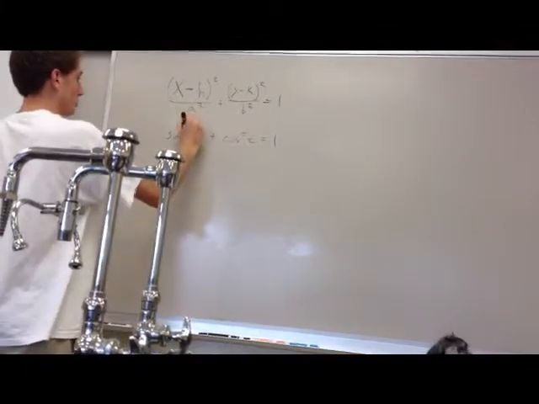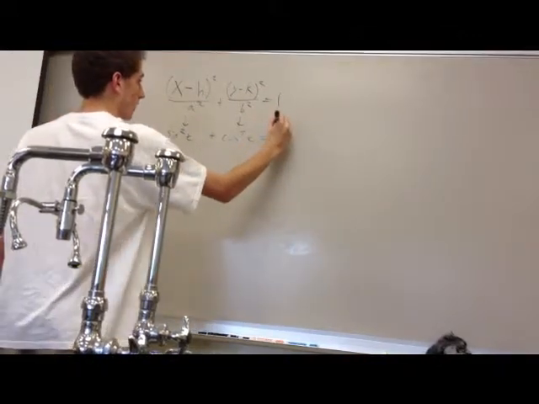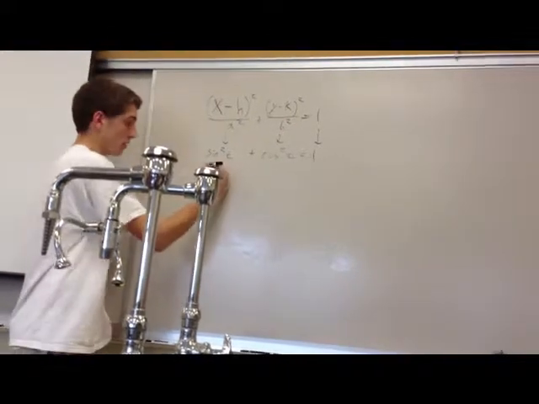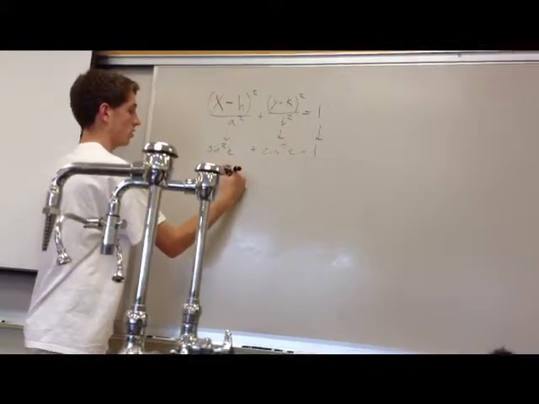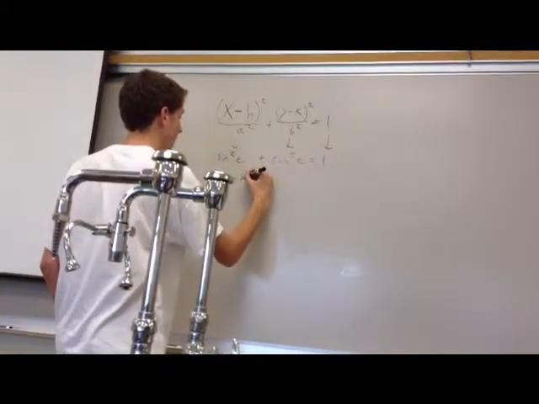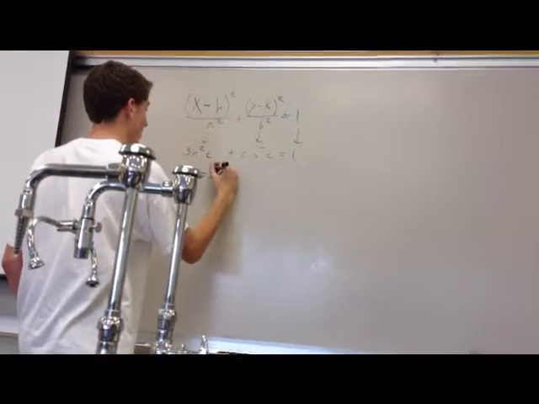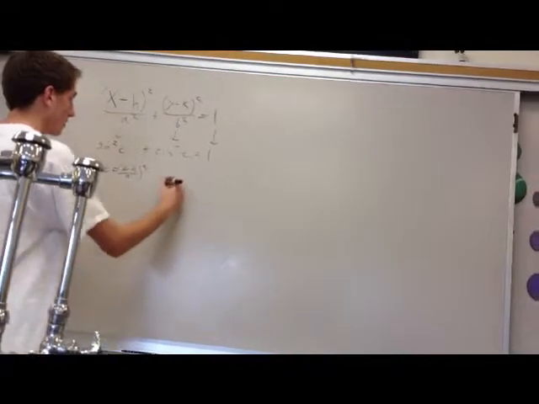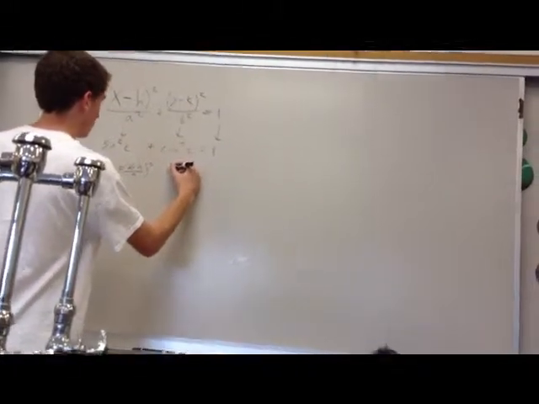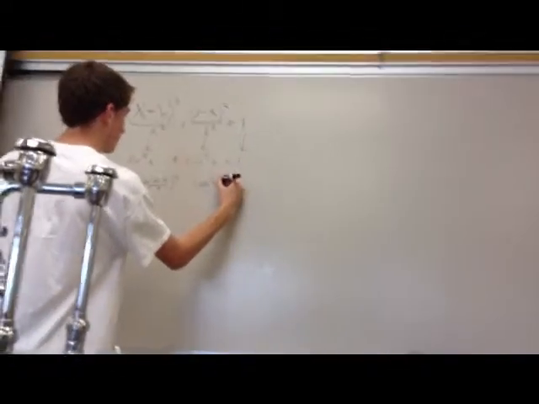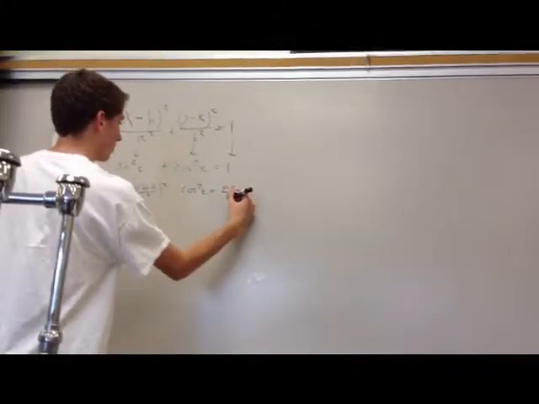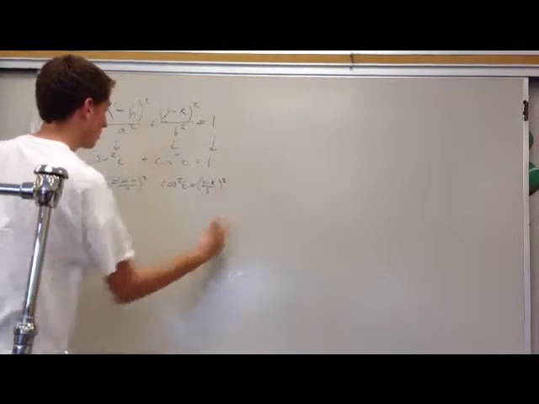And each one corresponds so that you set sine squared t equal to x minus h over a squared, and cosine squared t equal to y minus k over b squared.